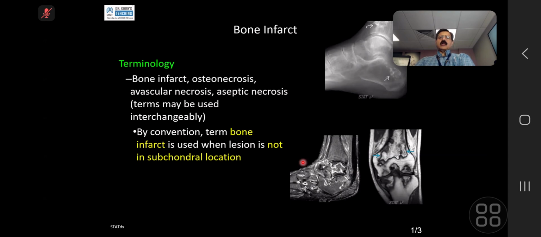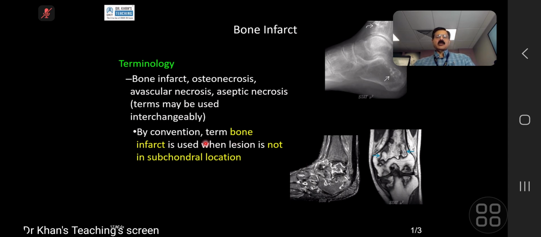We use the word avascular necrosis when the epiphysis or the end of the bone is involved, the subarticular portion of the bone. And when it is any other part of the bone, we use the word bone infarct. I don't know why, but this is what we do.